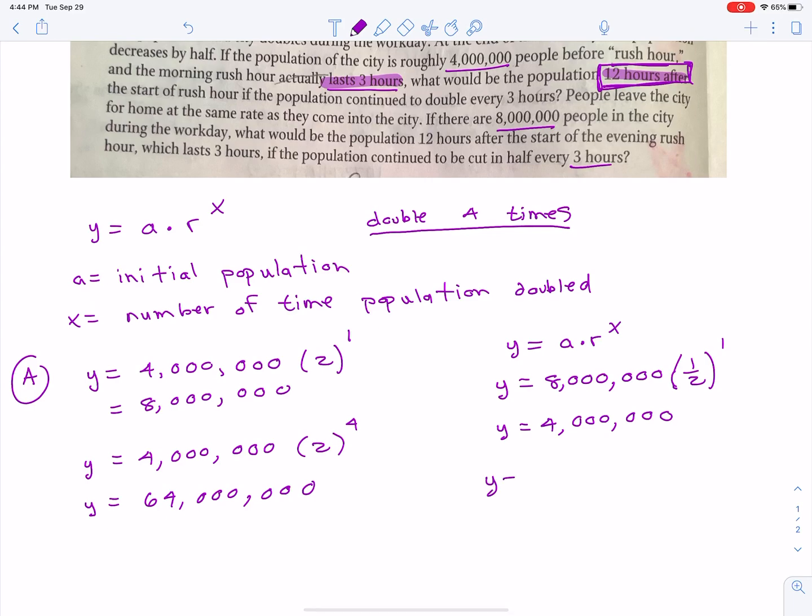So here we are continuing it. We're at 8 million, our growth rate is 1/2, and we're going to continue this for 4 times. So now we get 8 million divided by 16. Let me double check that. I think that's right, actually.